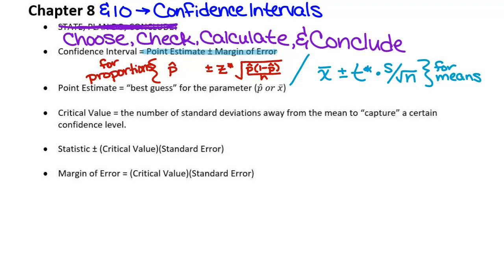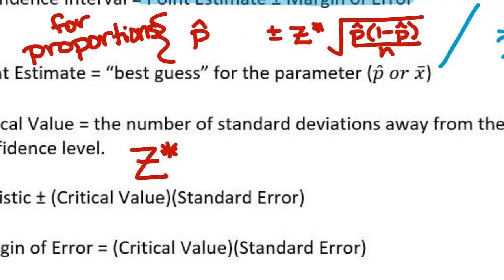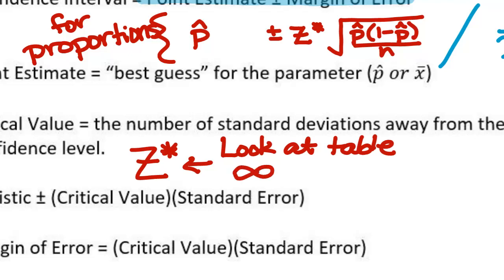Critical value, the number of standard deviations away from the mean to capture a certain confidence level. And the critical values that we had were z star and t star. Z star, we look at the table for infinite degrees of freedom.